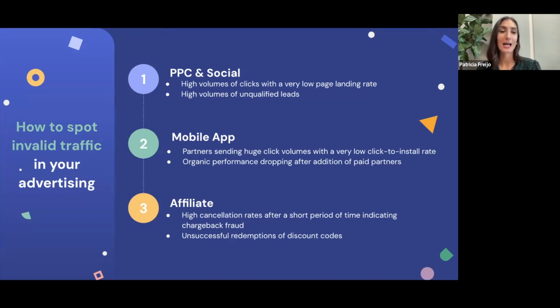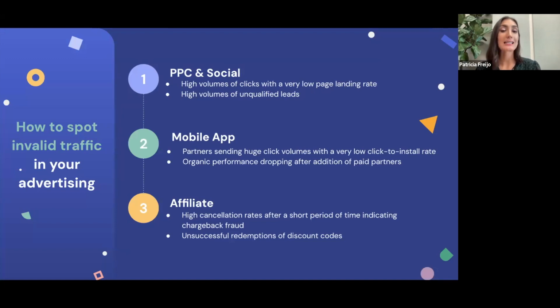But, as mentioned, there's already some signs you can look for across your own data. So across PPC and social, very common signs of invalid traffic is if you're seeing very high volume of clicks with very low landings. So that volume of clicks do not translate into a similar amount of landings.